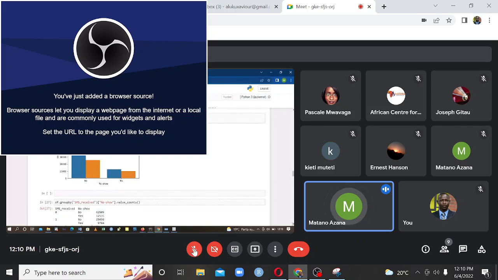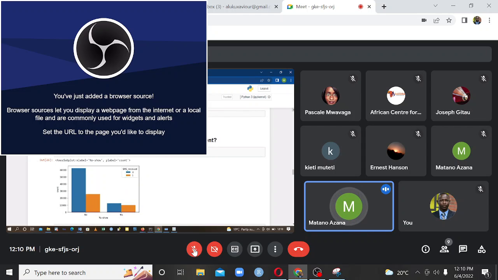I then checked the count plot of the no-show. The next question was, does the sending of a message affect attendance of an appointment? The visual representation I used was a count plot, showing those who received a message and decided to show, and those who did not receive a message and decided to show.